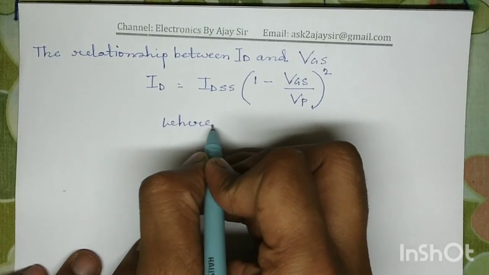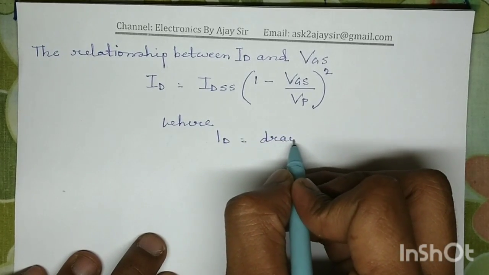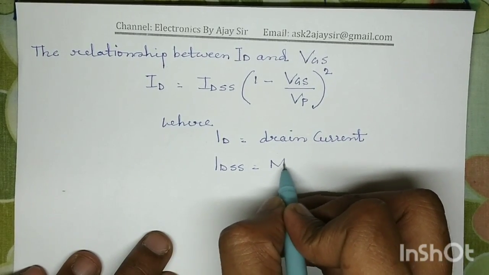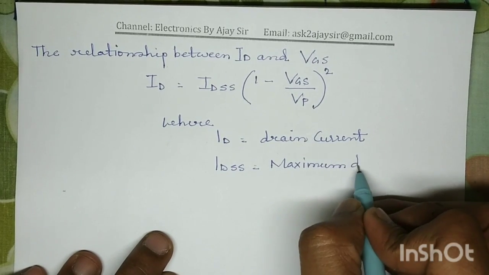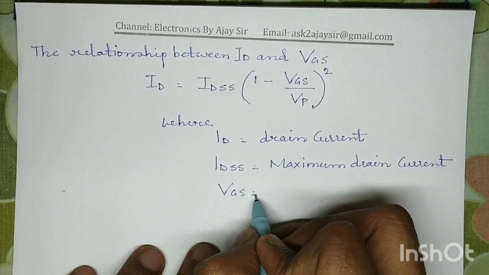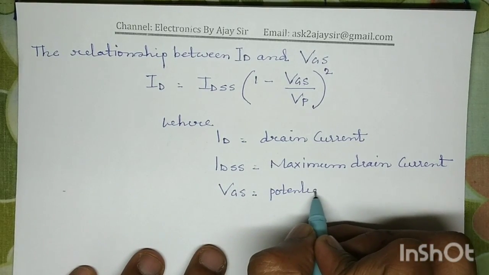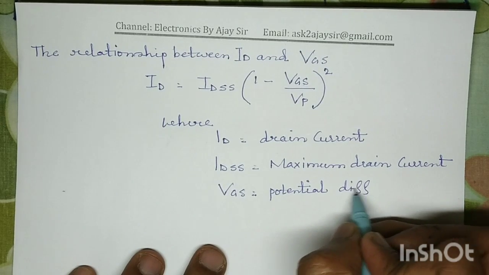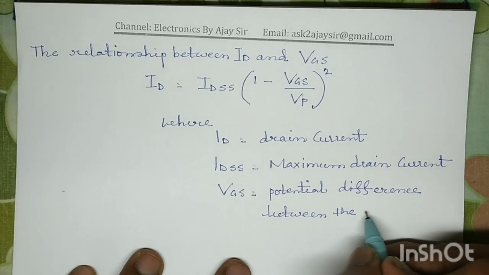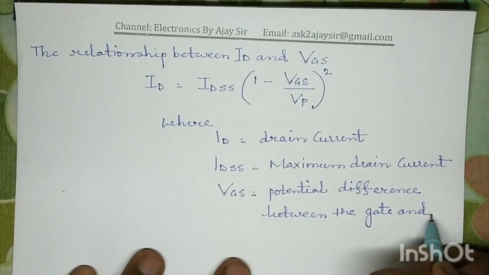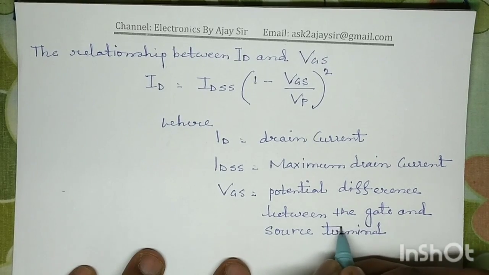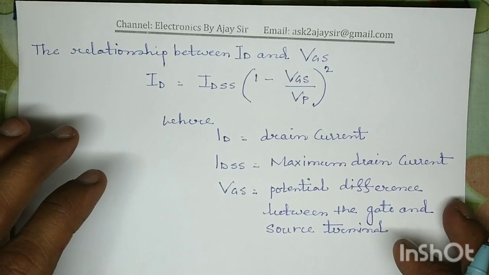Where ID is the drain current, IDSS is the maximum drain current, VGS is the potential difference between the gate and the source terminal, and VP stands for the pinch off voltage.